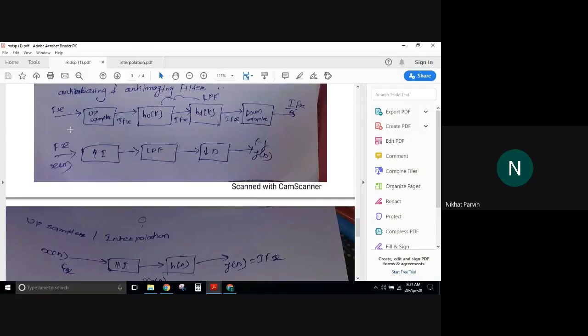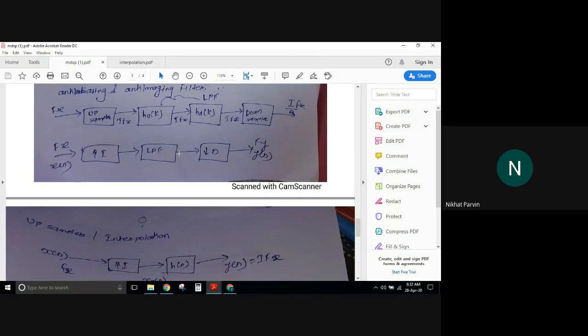The input gets upsampled, applied to the low pass filter, and then this low pass filter output is applied to the decimation. So in short, the approximated block diagram representation of cascading of I by D looks something like this.